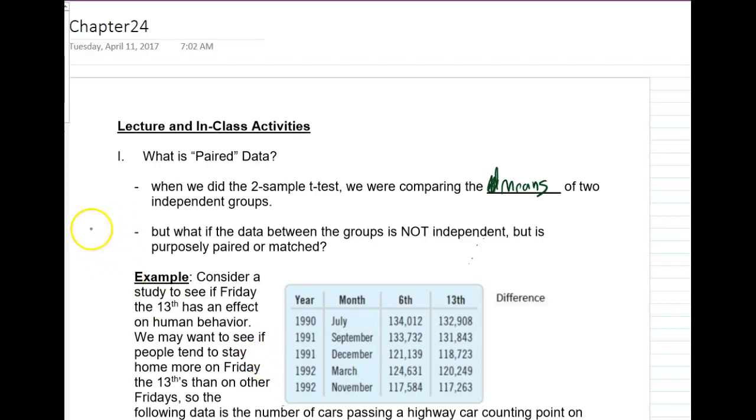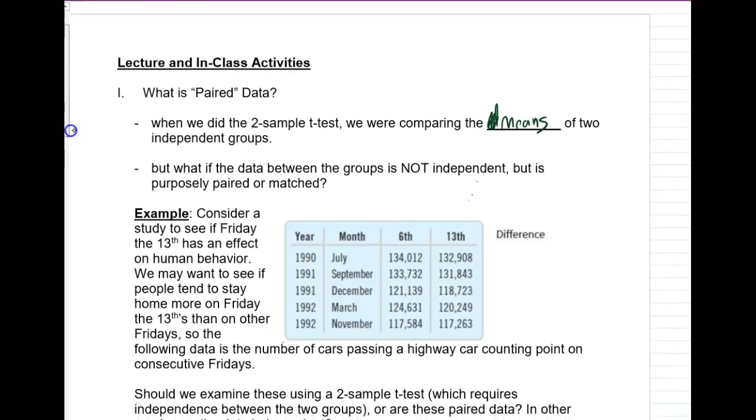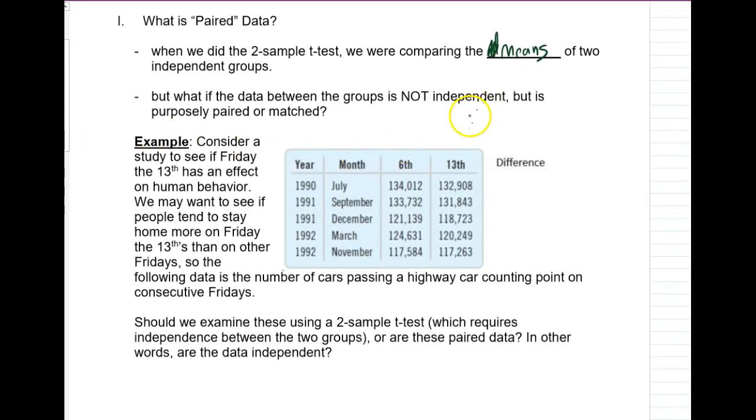So data was collected that looked at a particular Friday the 13th, and they counted the traffic at a particular highway car counting point. And then they looked at the traffic count on the previous Friday. So they looked here in 1990, they looked at Friday the 6th in July and then Friday the 13th to see if maybe more people were staying home on the 13th.